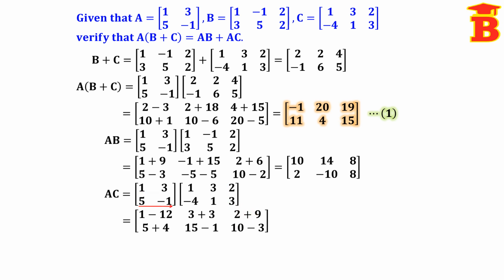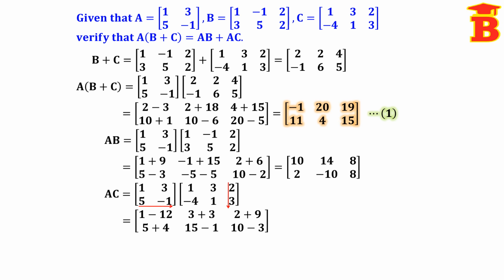Next take the second row and multiply all the columns. Second row first column, 5 into 1 is 5, minus 1 into minus 4 is plus 4. Next second row second column, 5 into 3 is 15, minus 1 into 1 is minus 1.